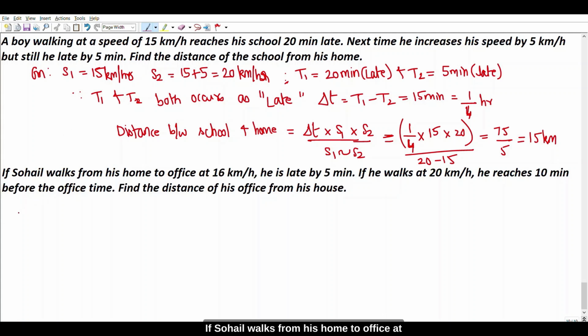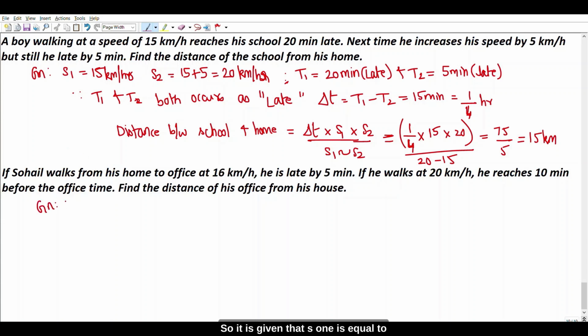If Sohail walks from his home to office at 16 km per hour, he is late by 5 minutes. If he walks at 20 km per hour, he reaches 10 minutes before the office time. Find the distance of his office from home.